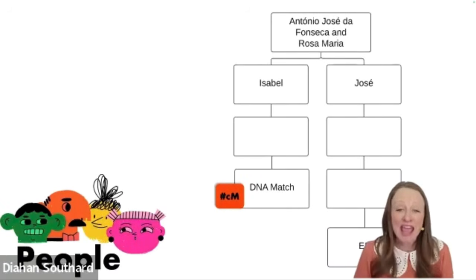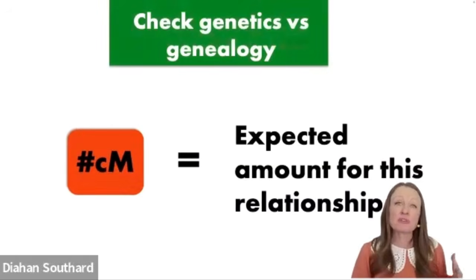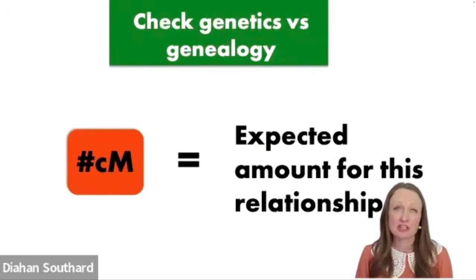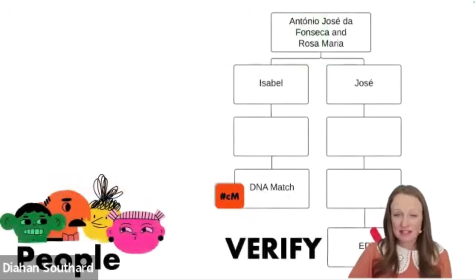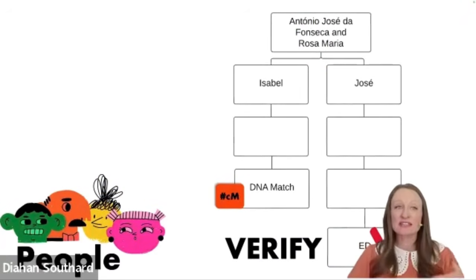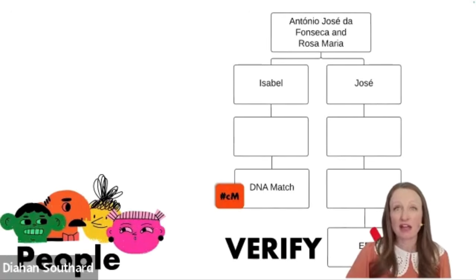So, what DNA can do is you can look at the amount of DNA that Ed shares with this DNA match, and you can ask, is this amount of DNA consistent with the expected relationship Ed should have with this person? We call this checking genetics versus genealogy. And if that centimorgan number is consistent, then yeah, Ed's relationship to this ancestor, Antonio and Rosa, is verified.